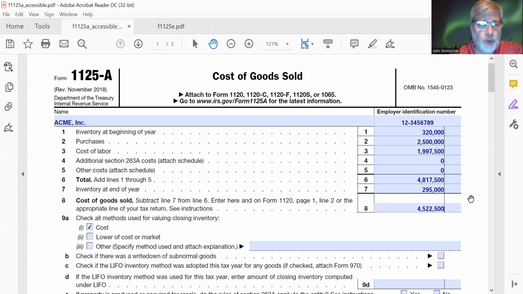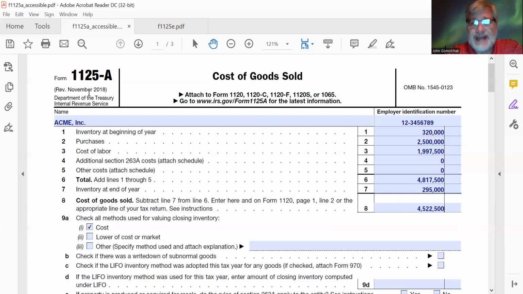The only complication here is that there is a relationship between the 1125A and the 1125E. So if any of your officers' salary is going to end up being put into direct labor costs, you need to report the gross compensation on the 1125E. Then you need to deduct it on the 1125E because you're going to take that payroll cost here in cost of goods sold as direct labor.